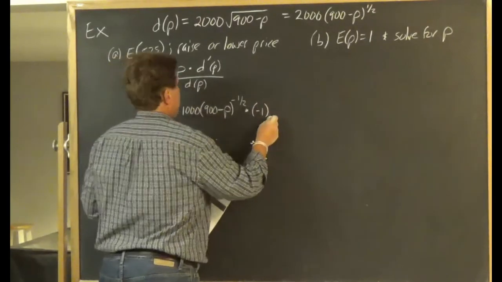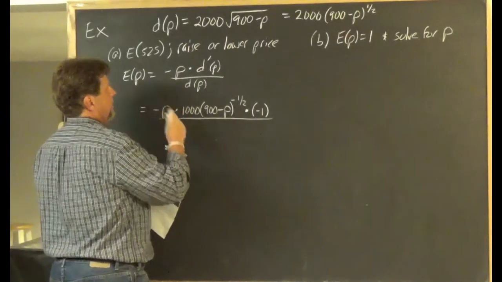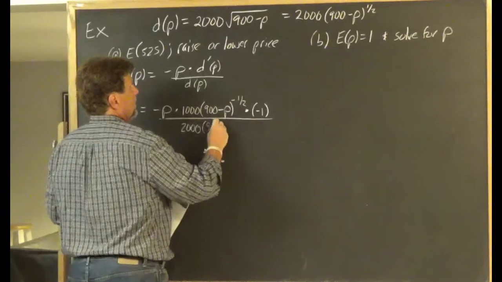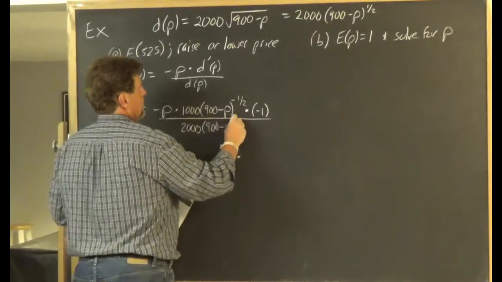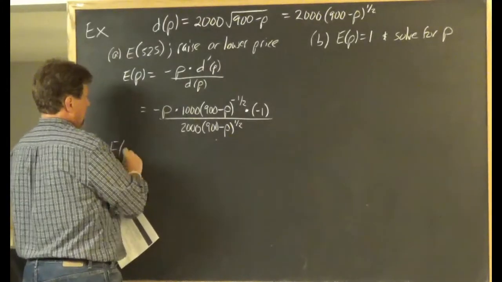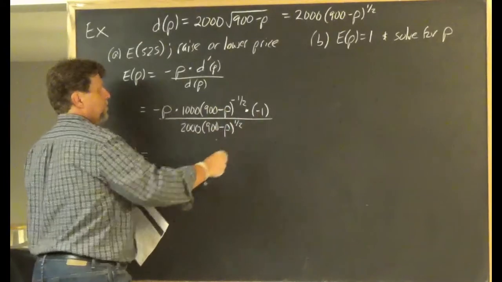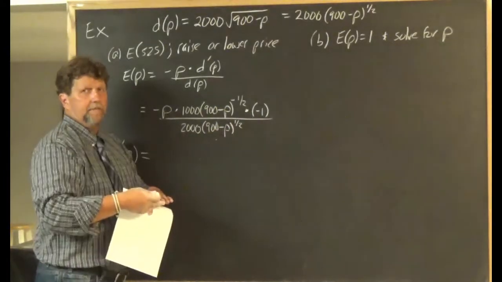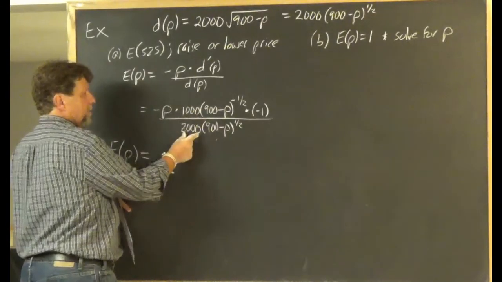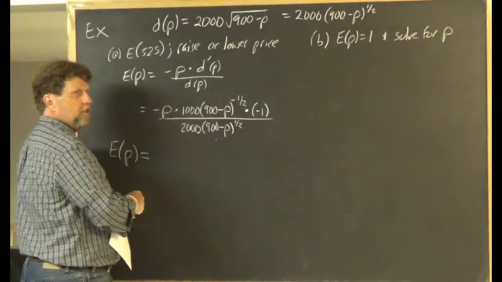Well, that's kind of nice. And that's all over D of P, which is 2,000 times 900 minus P to the 1/2. Now I'm gonna clean this up a little bit. First, negative P times negative 1, that's a positive P. 1,000 over 2,000, well, that would cancel out with the 2,000 and leave me with a 2.